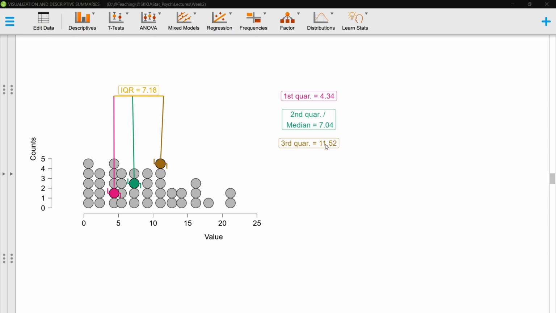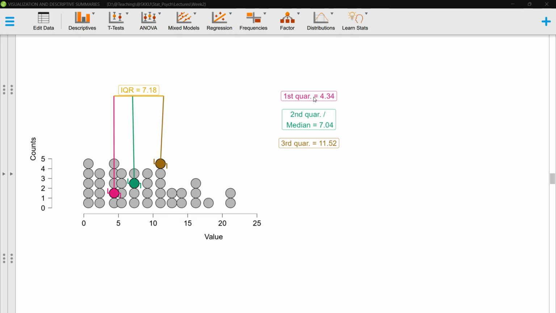So 11.52 minus 4.34 gives us 7.18, and this is the length between the two quartiles, and it gives us some sense of how much the values in the distribution are spread out, right? And this is one way to represent the extent of the dispersion within the distribution.